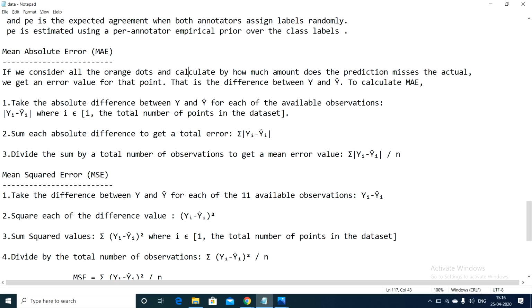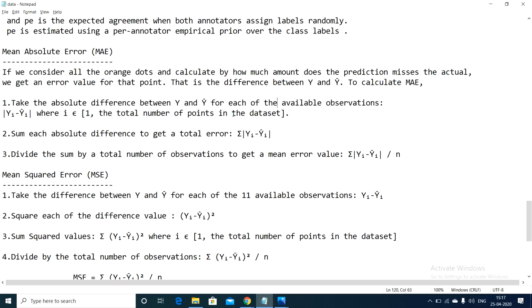In mean absolute error, what we are doing is taking the absolute difference between y and y cap for each available observation. If there are 10 data points, we will have predicted values and actual values. We need to find the difference between the actual value and the predicted value, and the difference should be absolute.